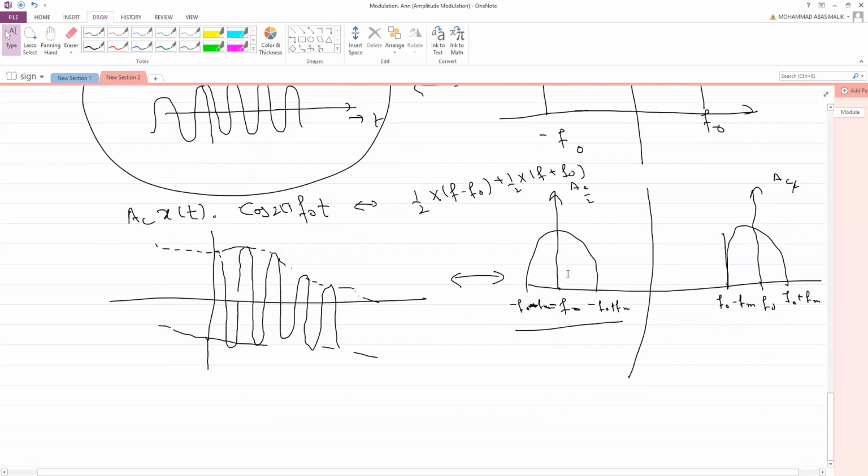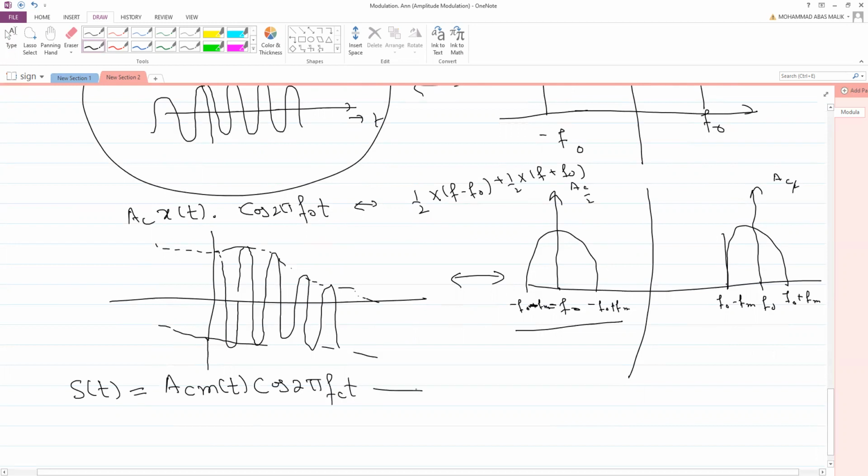So this is in general the modulation property and its spectrum. In general, I can write down the equation before concluding. x_s of t is equal to AC m of t cos of 2 pi fc t.